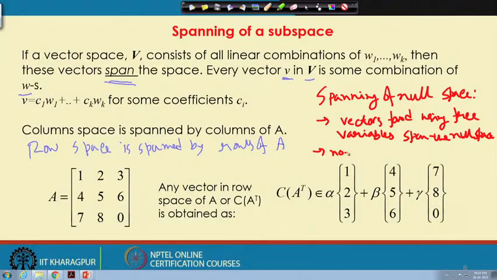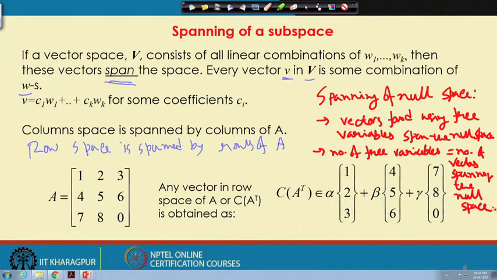So, the number of free variables is equal to the number of vectors spanning the null space. We have to find all the free variables and the vectors obtained using all the free variables.